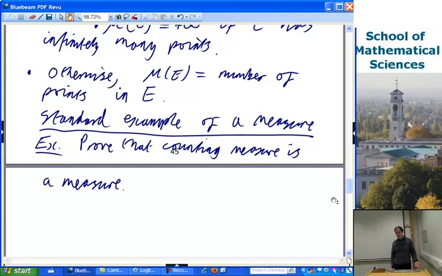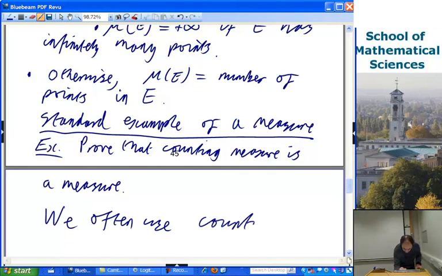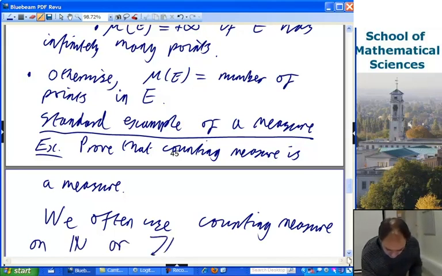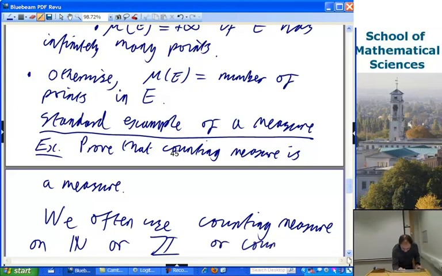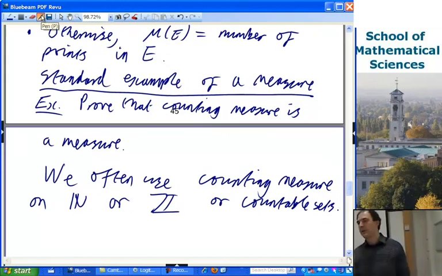So it's one of the measures you'd expect to use on a countable set, like the natural numbers or Z. So we often use counting measure on N or Z or countable sets. It's not so useful on R.